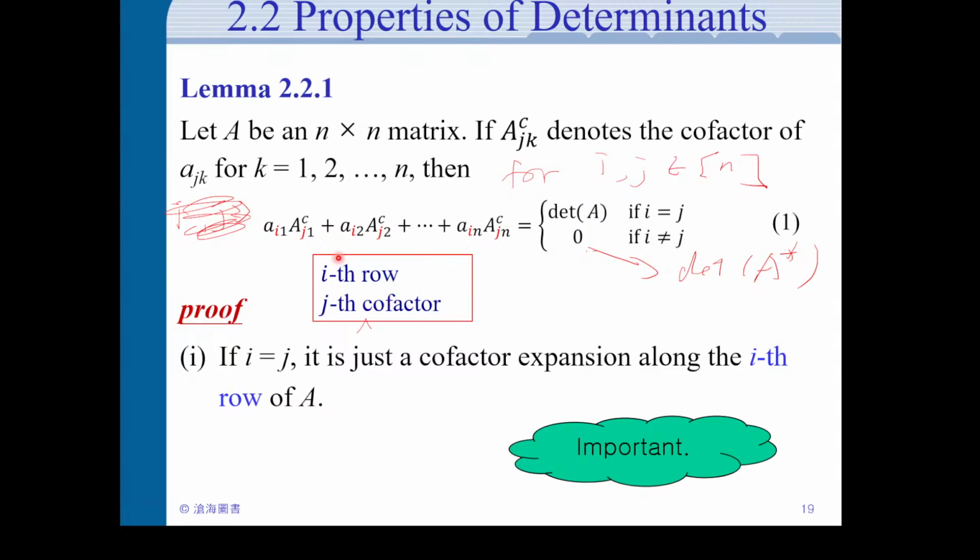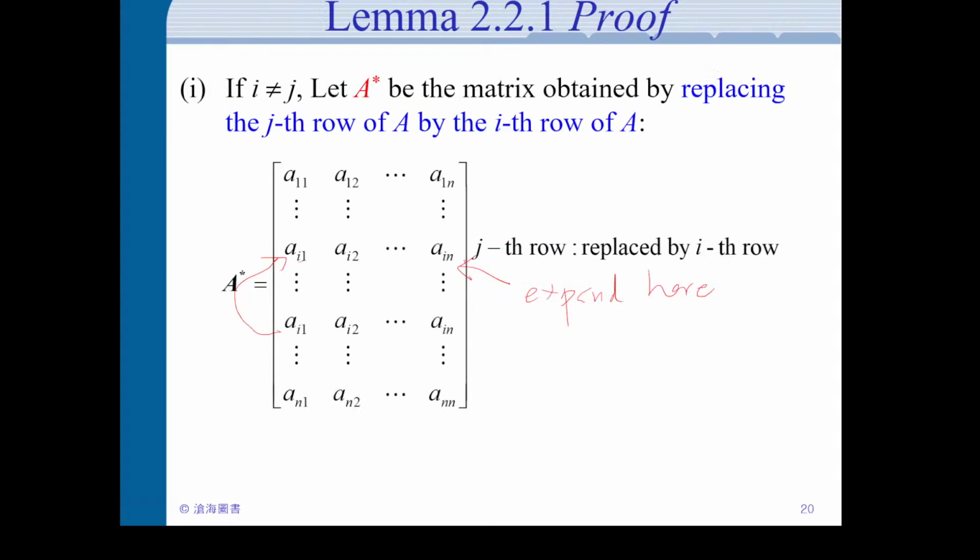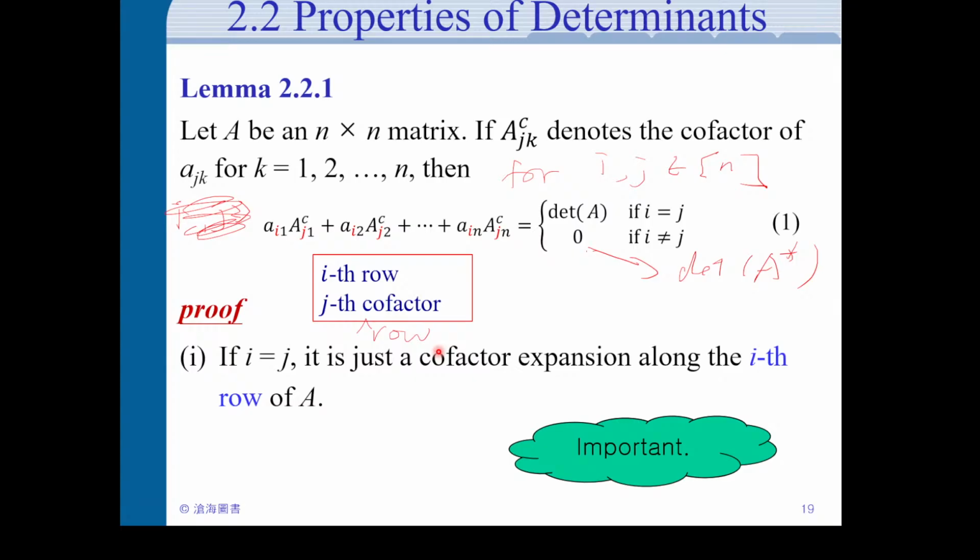So it's the ith row and also the covector of the jth row. So we have i being fixed here and 1, 2, 3 to n. Sorry, I got confused. So we have the elements of the ith row multiplying the covectors of the jth row.